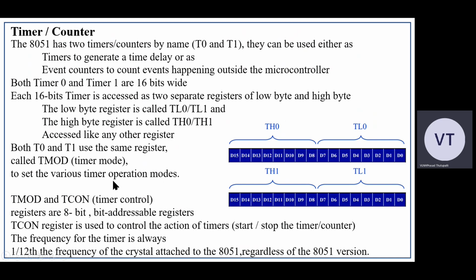Whatever the input signal frequency, it will be divided by 12. That is the meaning of this. We will have this discussion a little more clearly during timer programming.